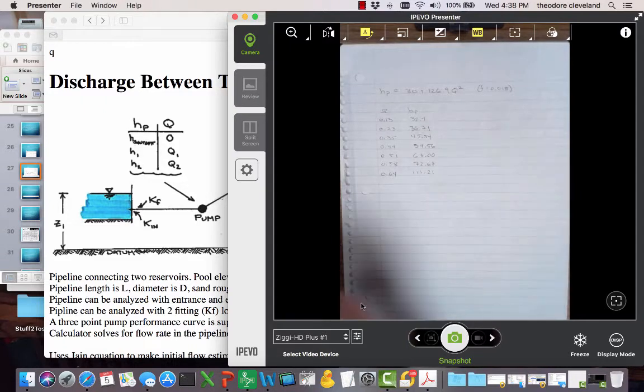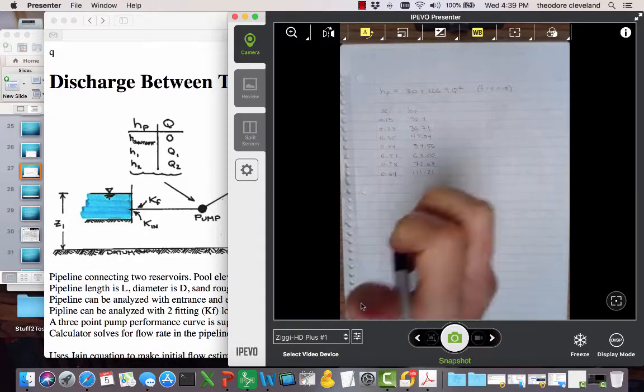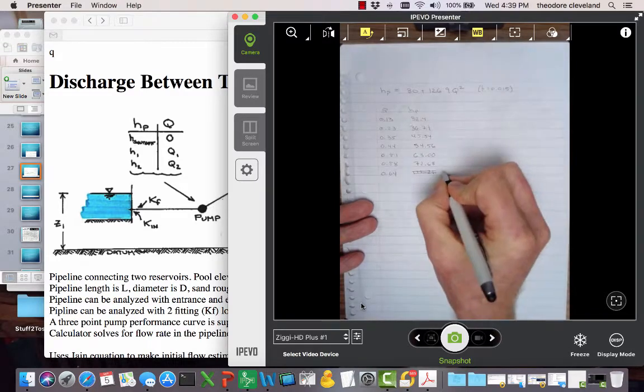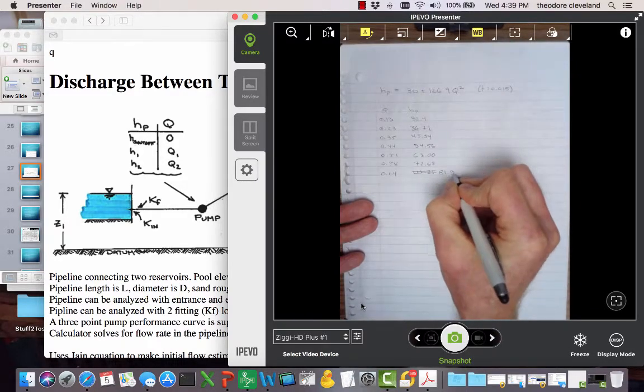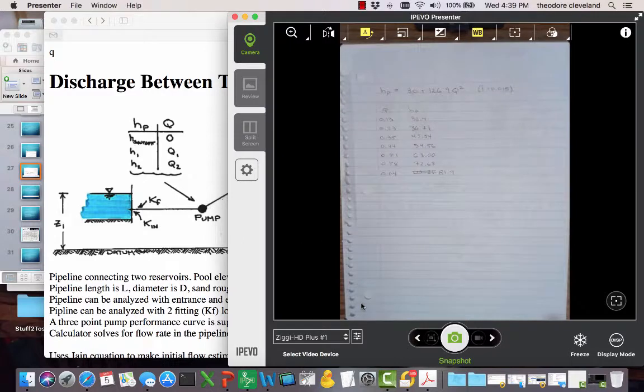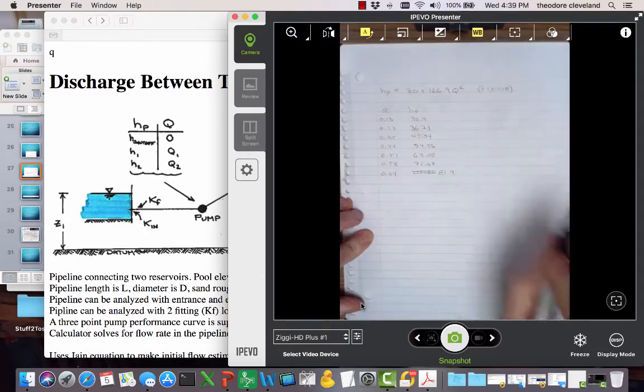I think I made a mistake. Let's try that again. 0.64 squared times 126.9 plus 30. Yeah, I did something goofy. This is 81.9. Okay, so that was doing it by hand, and this all has a constant friction factor.